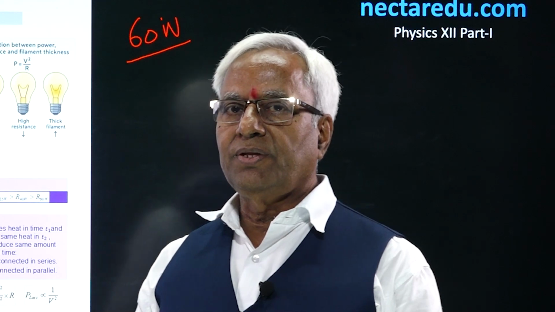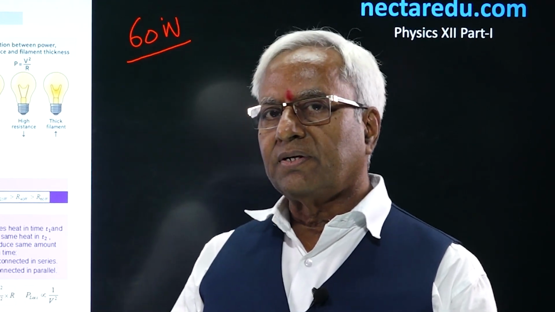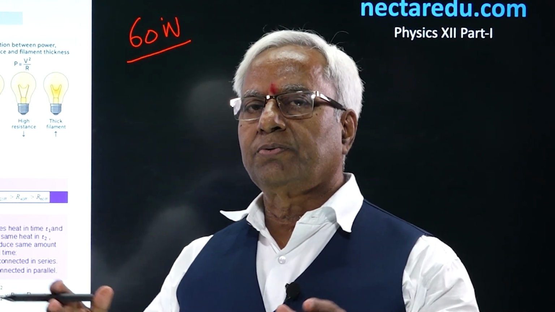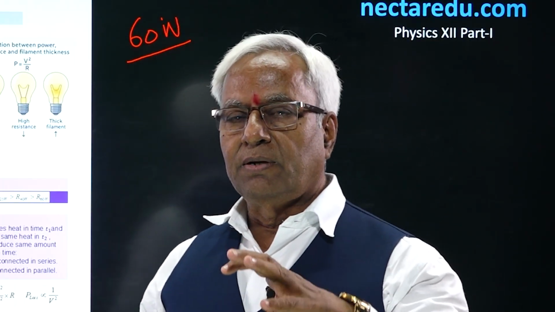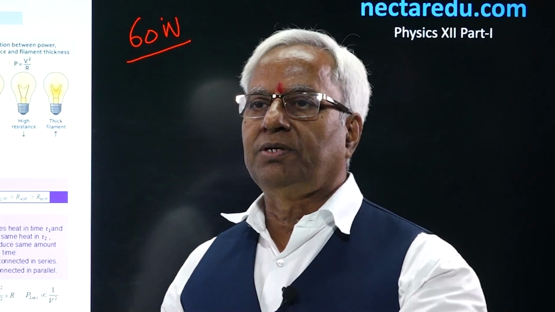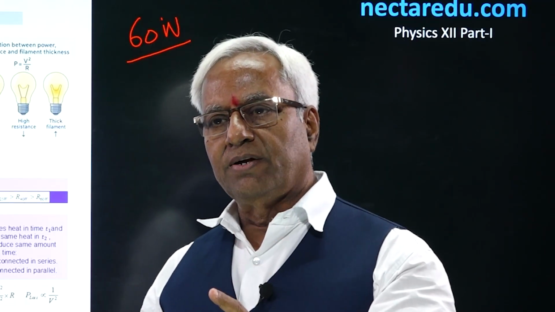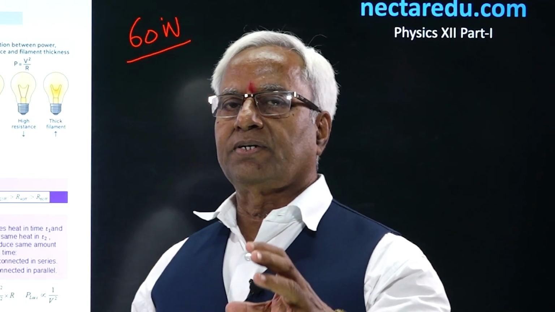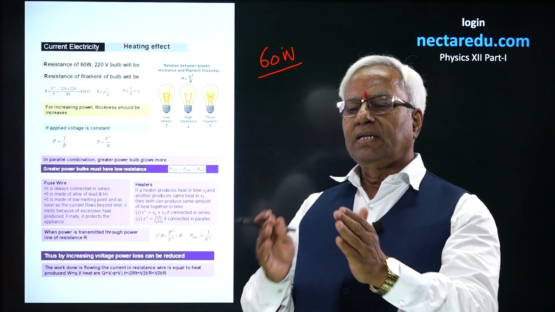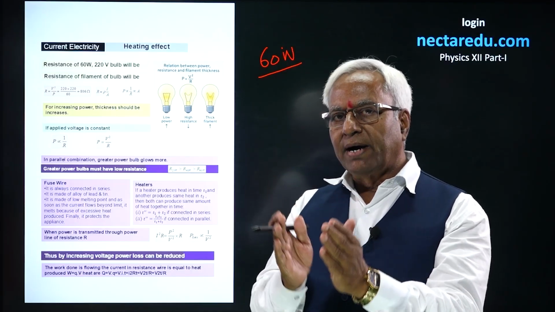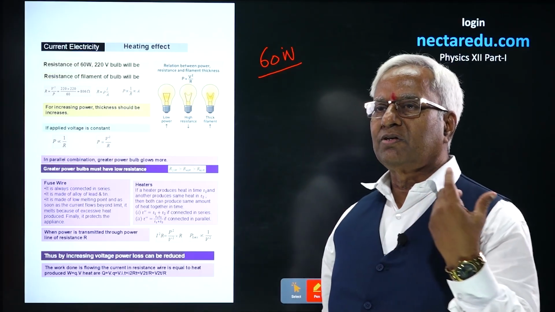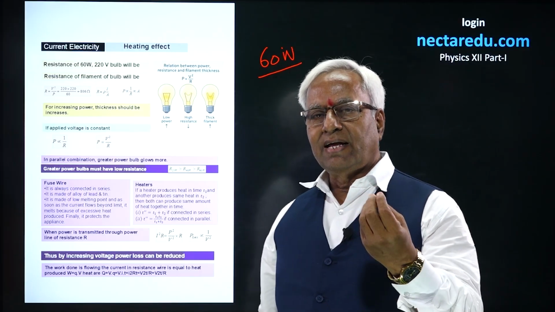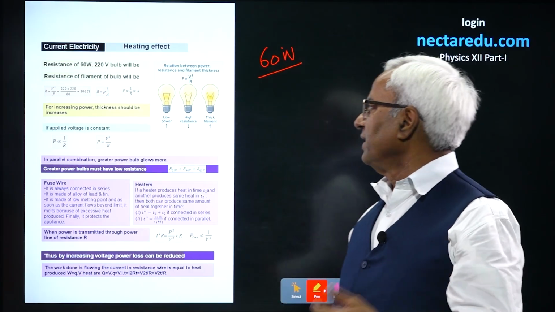That depends on the utility and the range of the electromagnetic wave produced by the bulb. So, don't try to conclude that the bulb is providing you 60 watt. It is consuming. When we say the bulb is of 60 watt, it simply means that the power consumed by the bulb is 60 watt. It may be giving you 10 watt, 8 watt, 7 watt like that in the form of light.